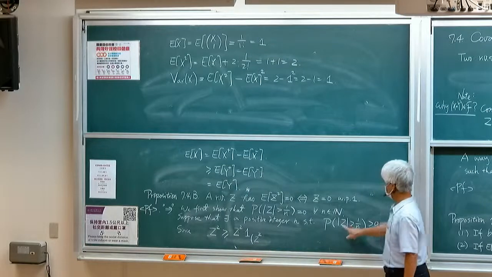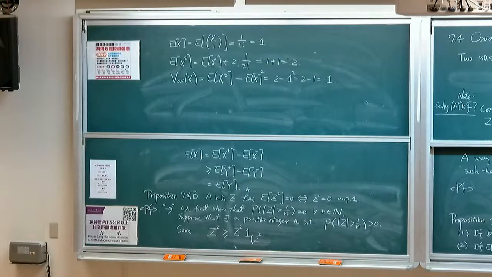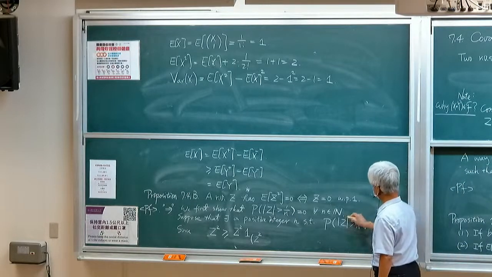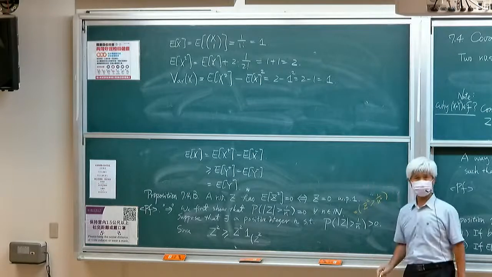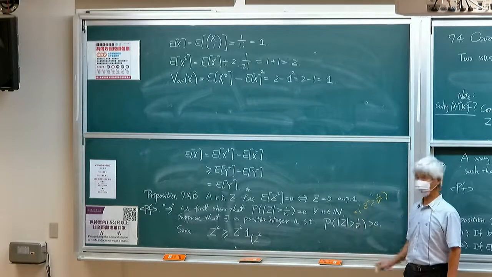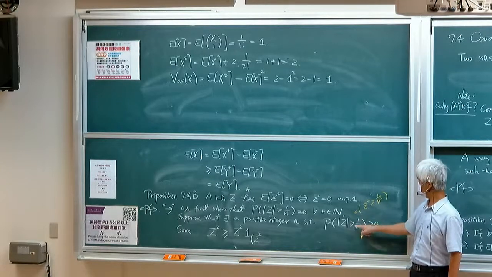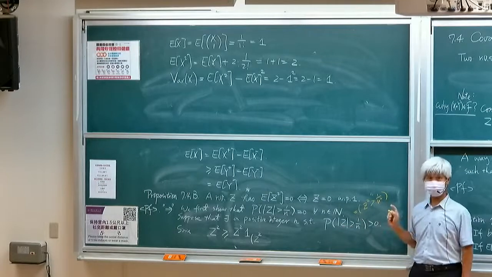Now, this event, the absolute value of Z is greater than 1 over n, is equal to this: Z square is greater than 1 over n square. Okay? So if you square the two sides, these two events are the same.